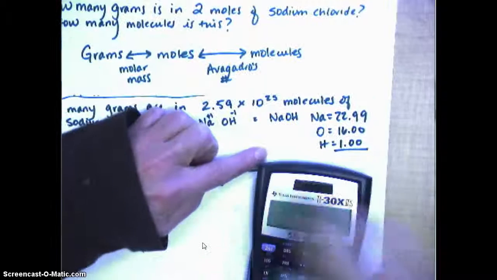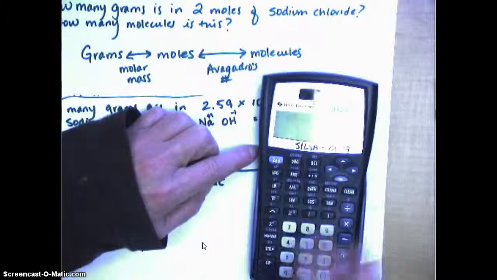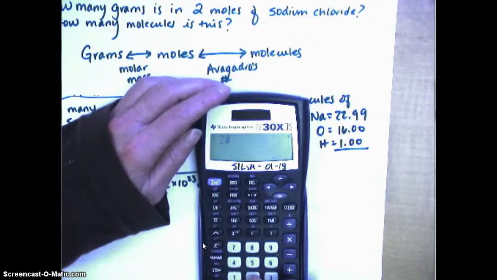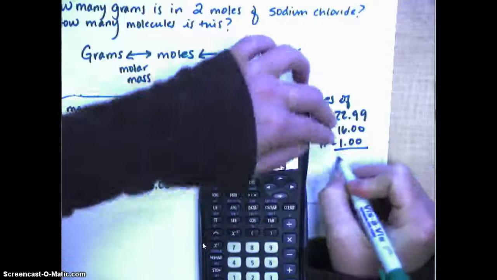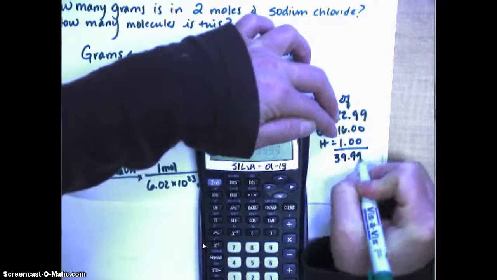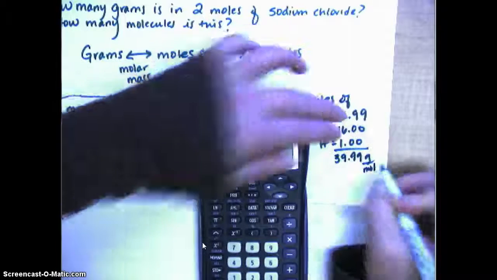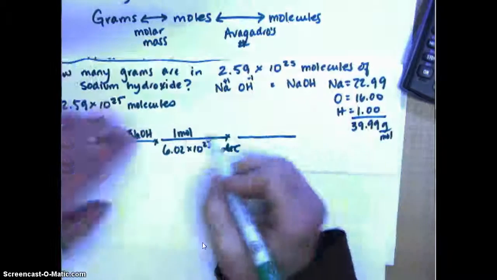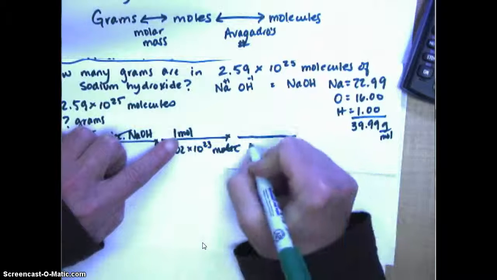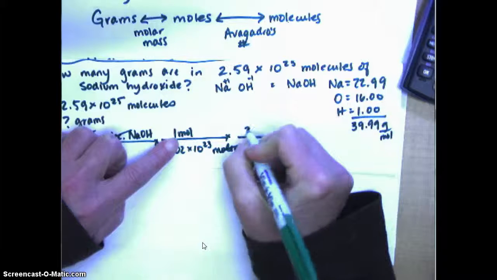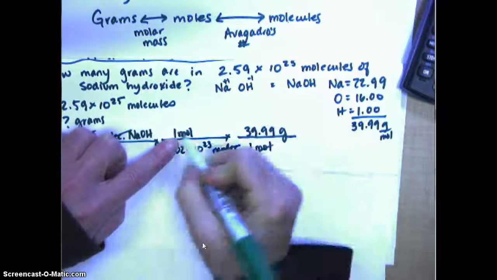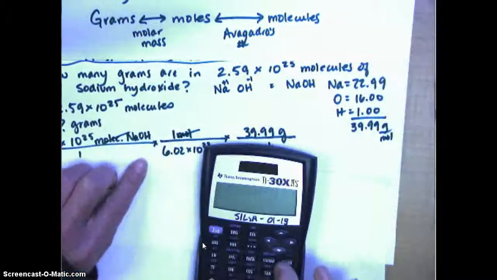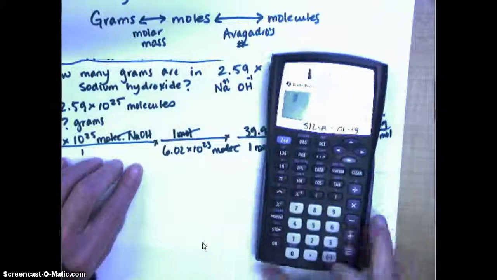We're going to add all those up. 22.99 plus 16 plus 1 equals 39.99 grams per mole. Okay, and so now we have the molar mass. We have moles on the top here, so we want 1 mole on the bottom here, and 39.99 grams. Moles cancels, and you're going to multiply everything on the top.